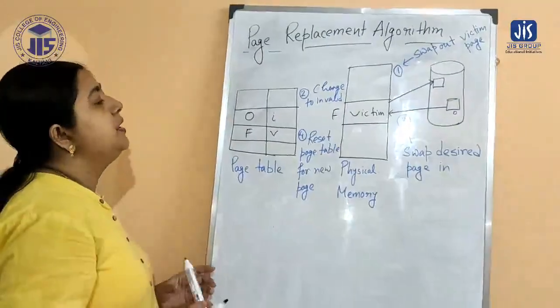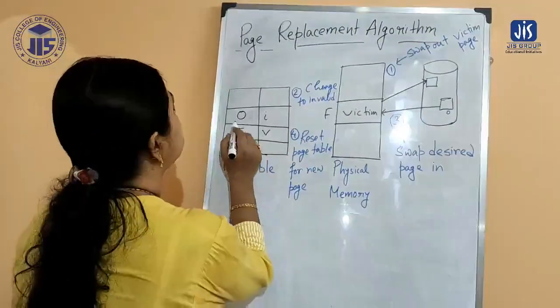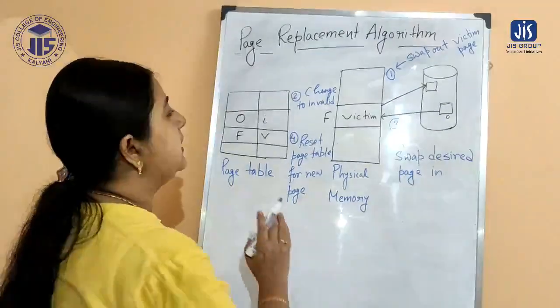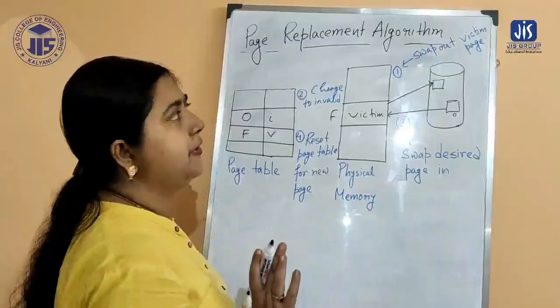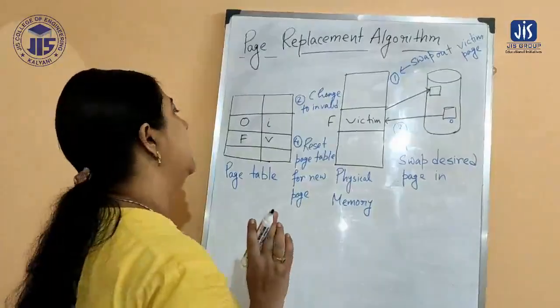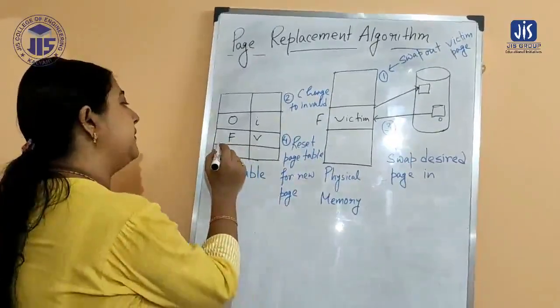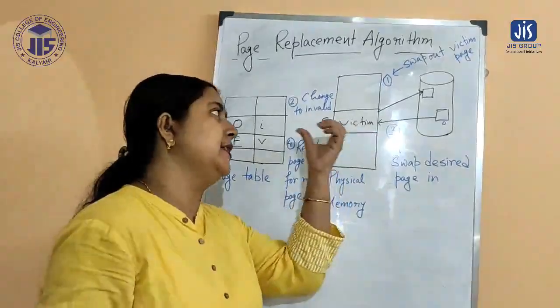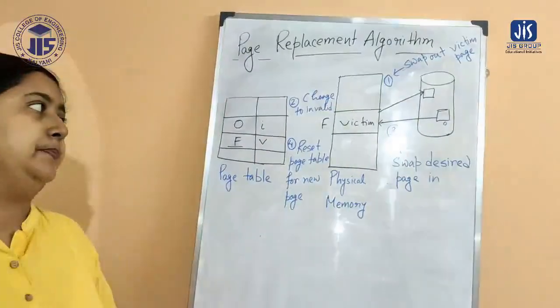Now say we need this O reference to be in my main memory, but there is no free frame available in the physical memory at that time. But this reference is not required now, so this reference is going to be set as victim.